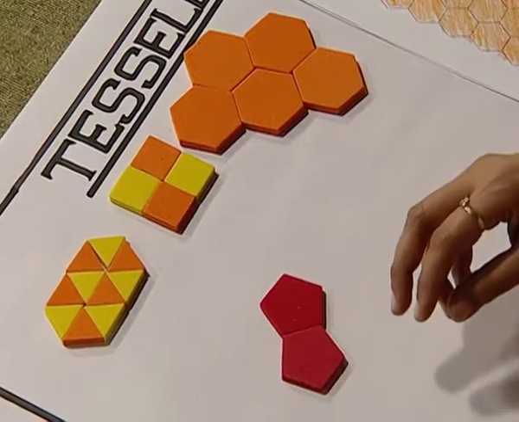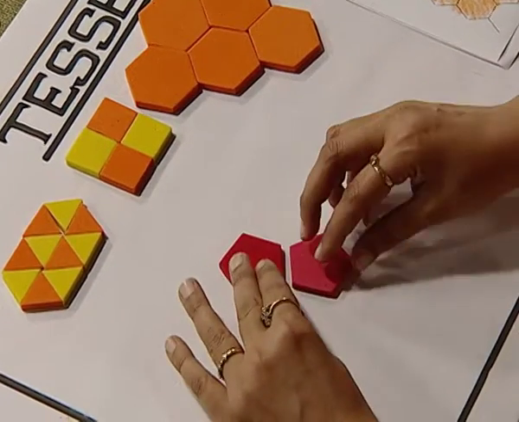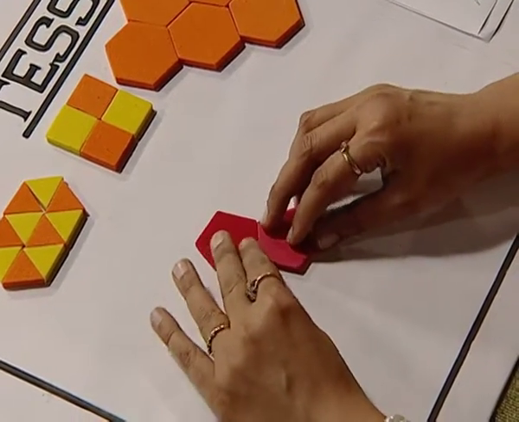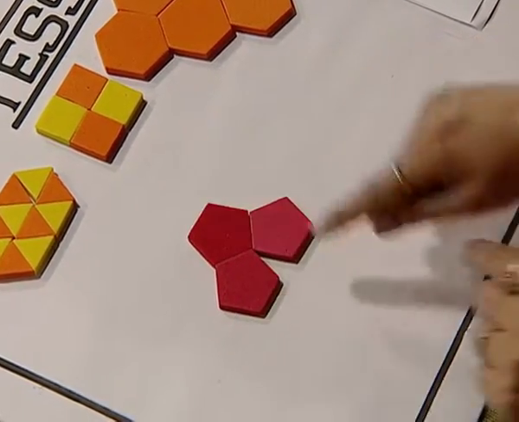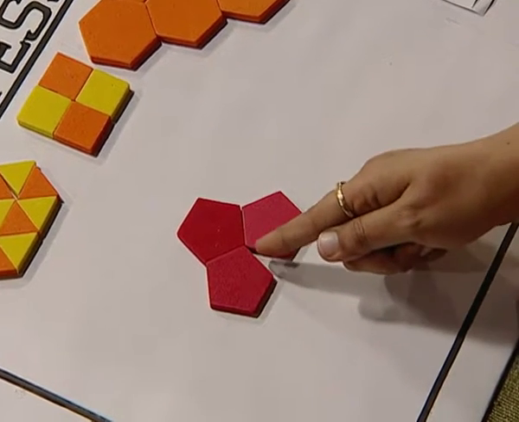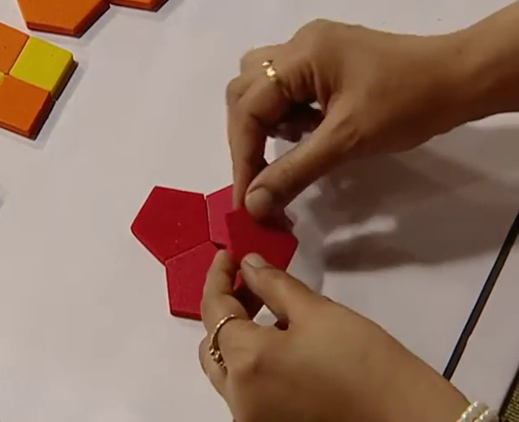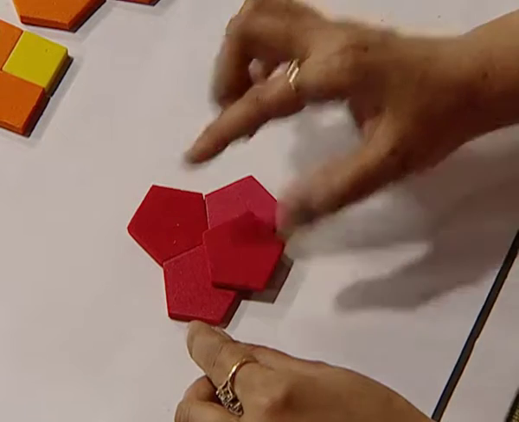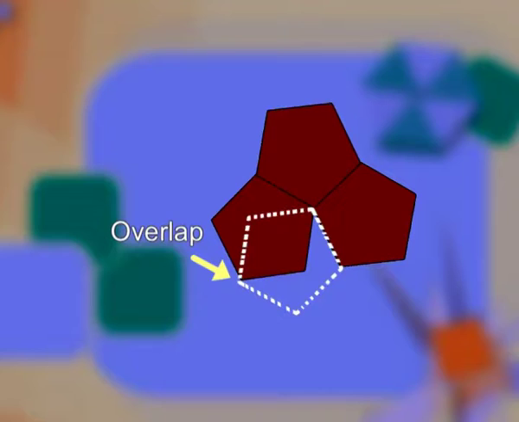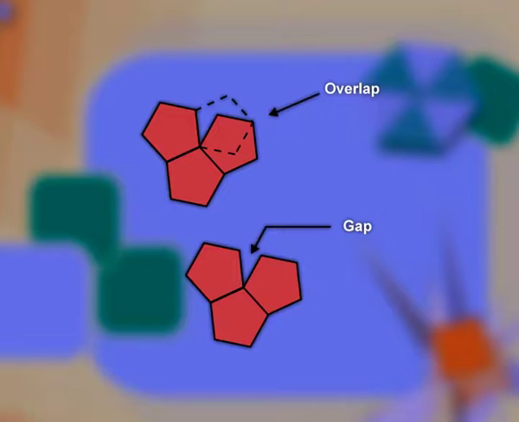If we try to place these pentagons next to each other, on placing 3 pentagons, we observe that there is a gap which is left. If we pick up a 4th pentagon to try and fill this gap, we observe that there is an overlap that occurs, and therefore we can say that this set of pentagons is not tessellating.